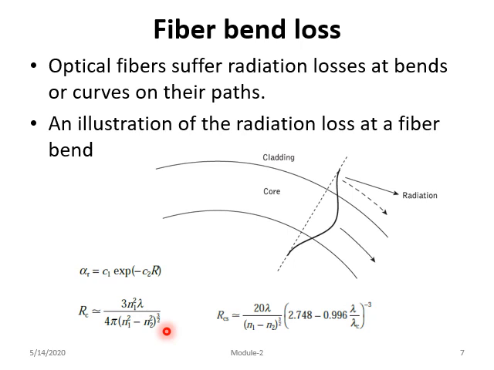If I use single mode, we can calculate the radius of curvature with some modifications, where lambda becomes lambda c, the critical wavelength, which is mentioned in this equation. So these two equations give the radius of curvature for single mode and multimode conditions.